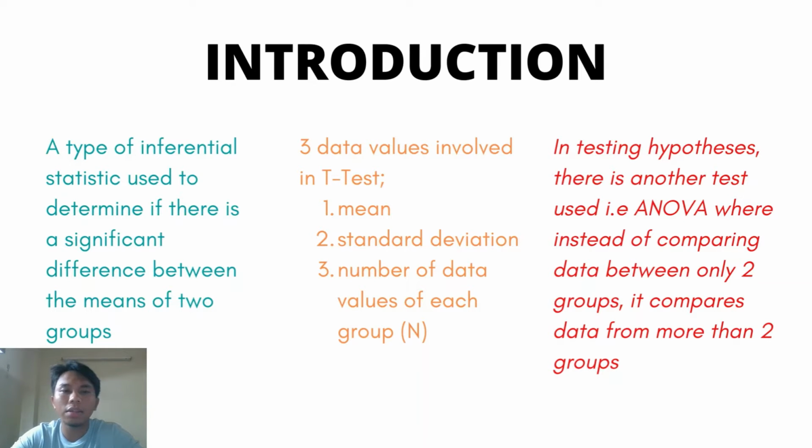T-test is a type of inferential statistic used to determine if there is a significant difference between the means of two groups. In t-test, we are going to observe three types of values involved, which are the mean, standard deviation, and the number of data values of each group, or what we call n.